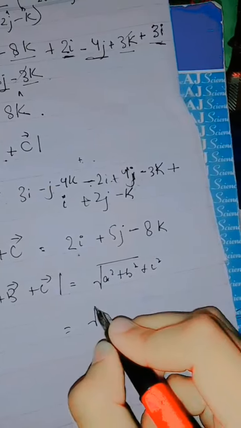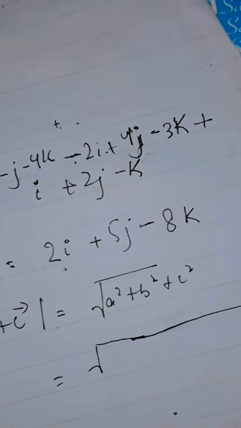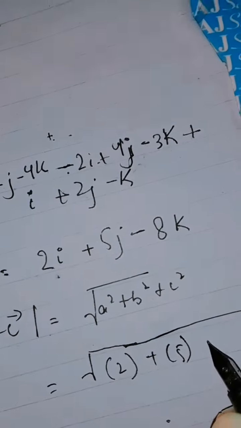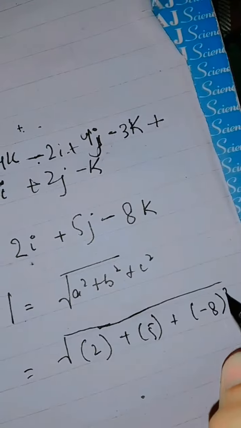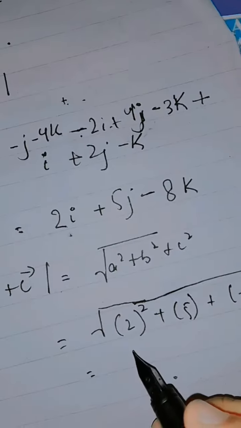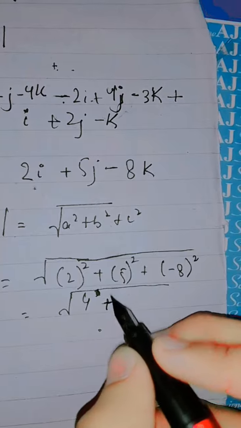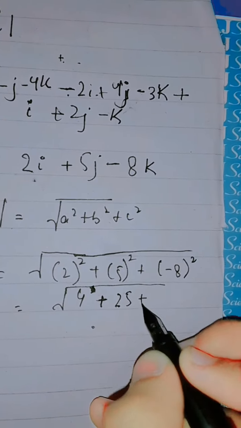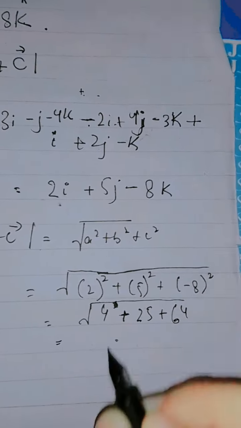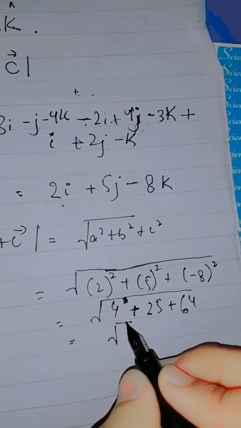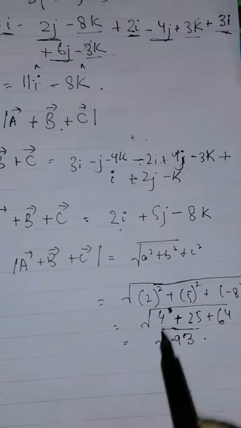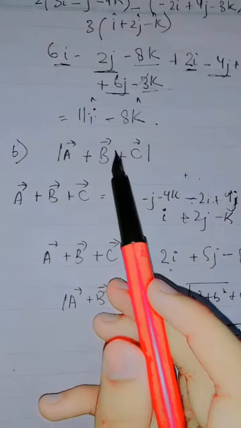So here we'll be taking the under root, writing 2 square plus 5 square plus minus 8 square. Four plus 25 plus 64. By adding all these, the answer is 93. So this is the magnitude of these.